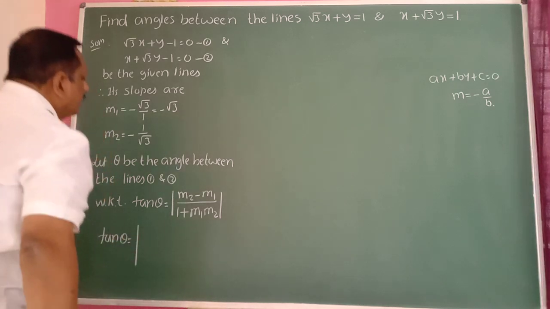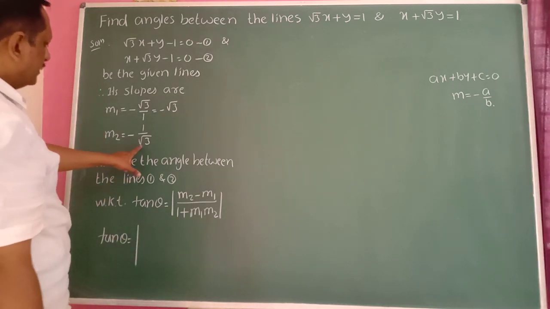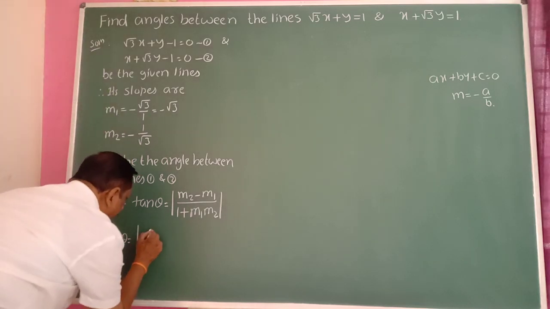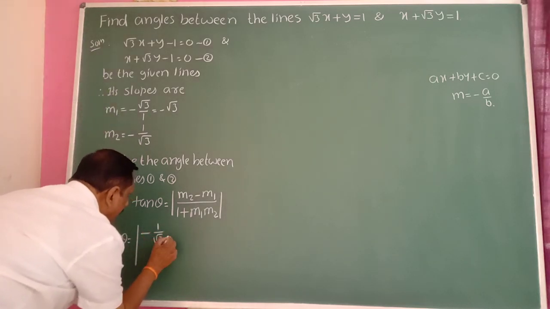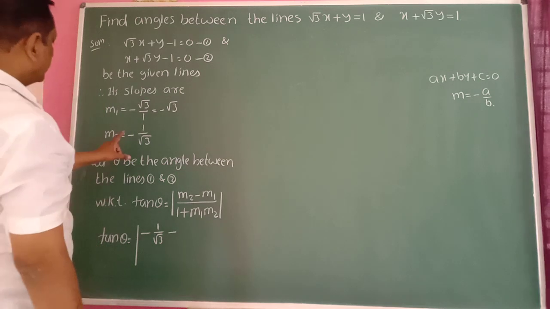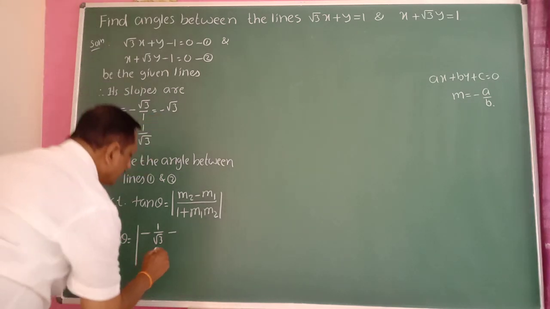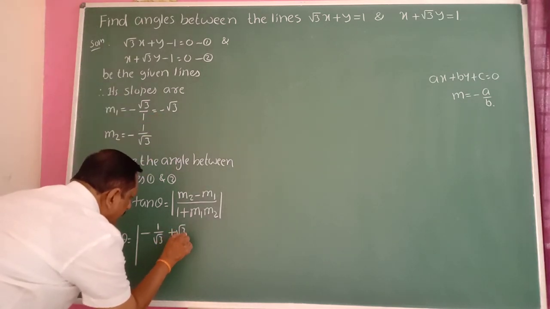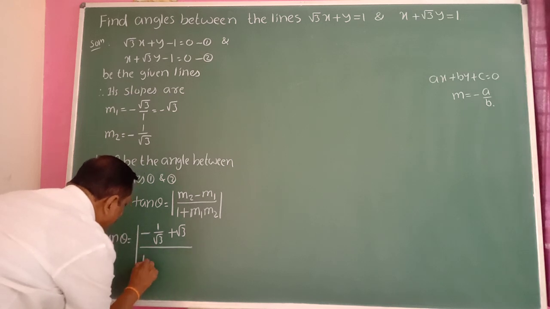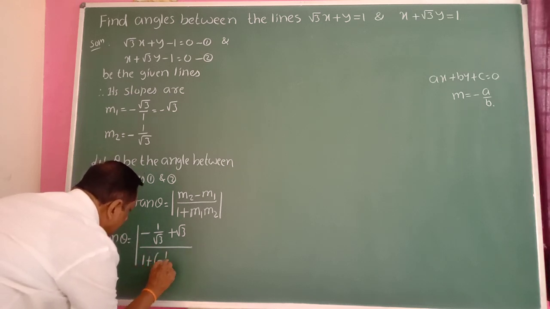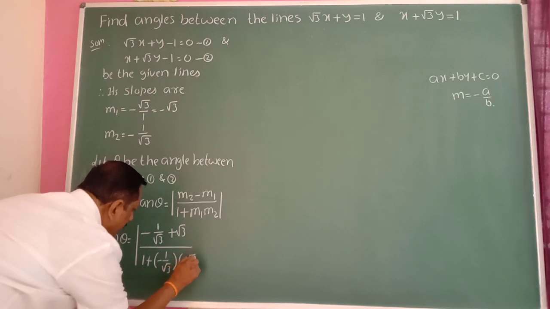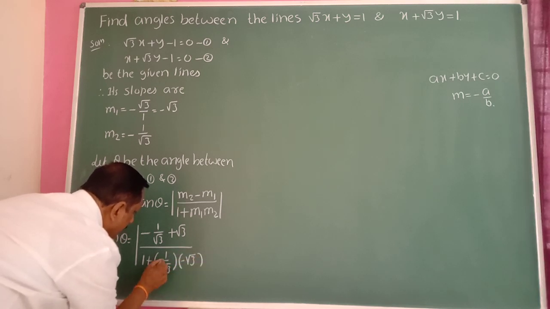Yes, tan theta is equal to modulus. Here m2 is minus 1 by root 3, minus m1 which is minus root 3, so minus of minus becomes plus root 3, divided by 1 plus (minus 1 by root 3) into (minus root 3).